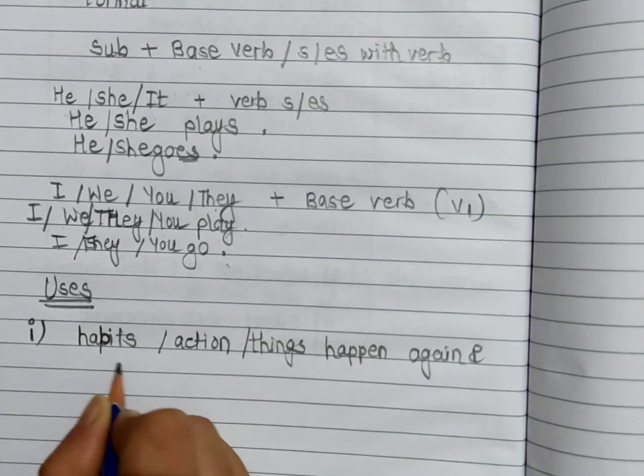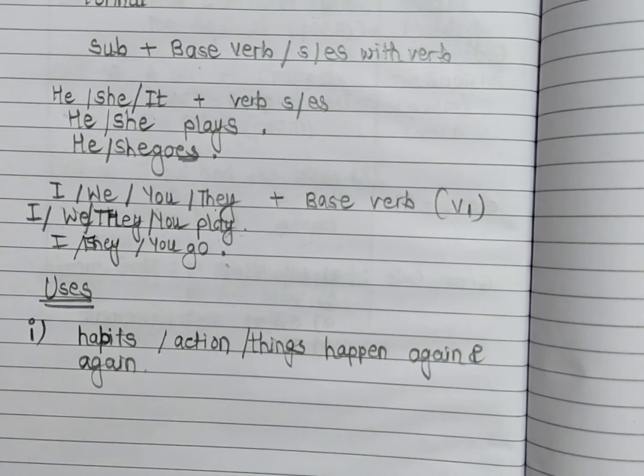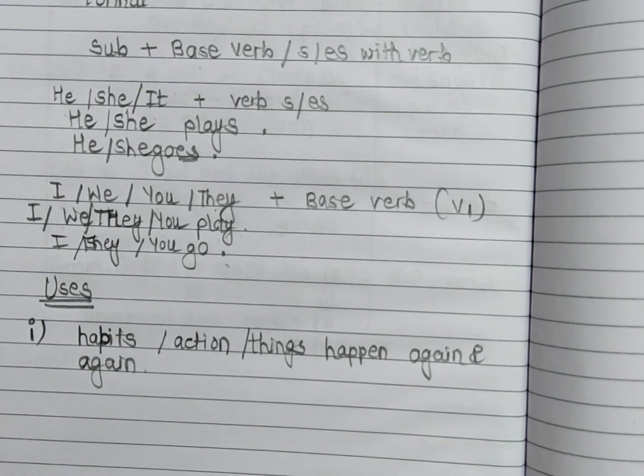So for that we have to use simple present tense. Which kind of habits? The habits that we do routinely. For that we have to use simple present tense.